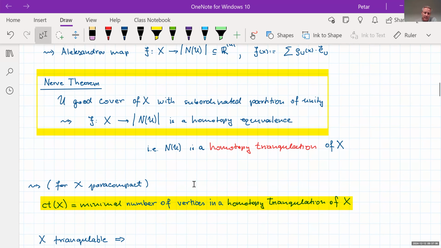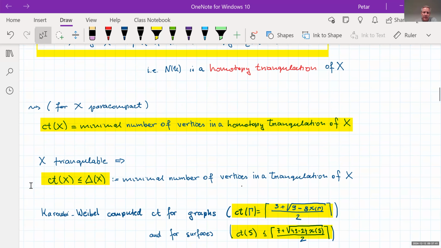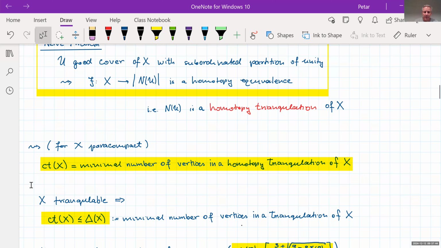And if your space is actually triangulable, then the covering type of X is a lower bound for what I denote as delta of X, defined as the minimum number of vertices in a triangulation of X. This simple observation was a motivation for most of the early work on covering type, because we realized that the covering type is a homotopy invariant measure of the size of a triangulation of some geometric space.